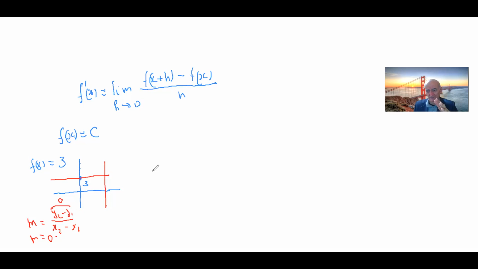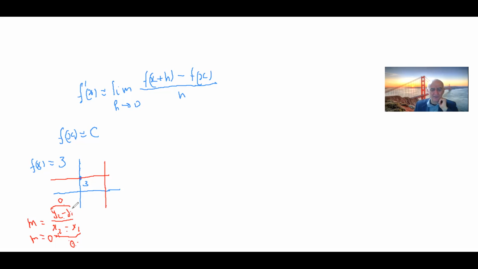By the way, what is the derivative of a vertical line? It does not exist. A vertical line has no slope, because when we have a vertical line, the denominator x2 minus x1 is 0, and we cannot divide a number by 0. Also, sometimes the slope of a line is positive and sometimes it's negative.